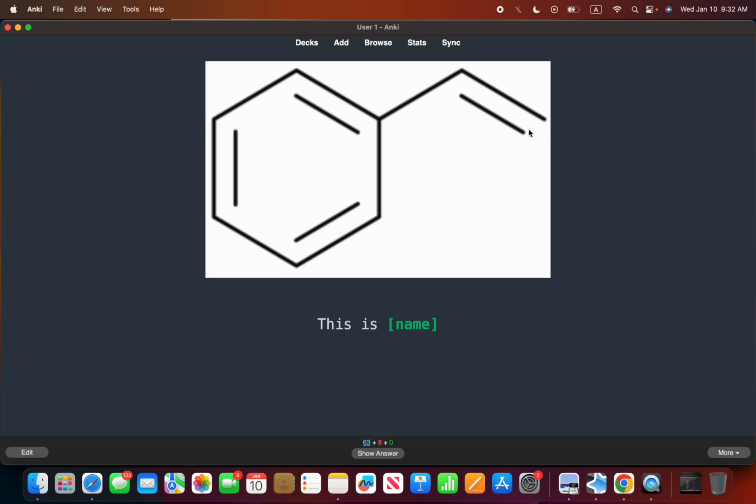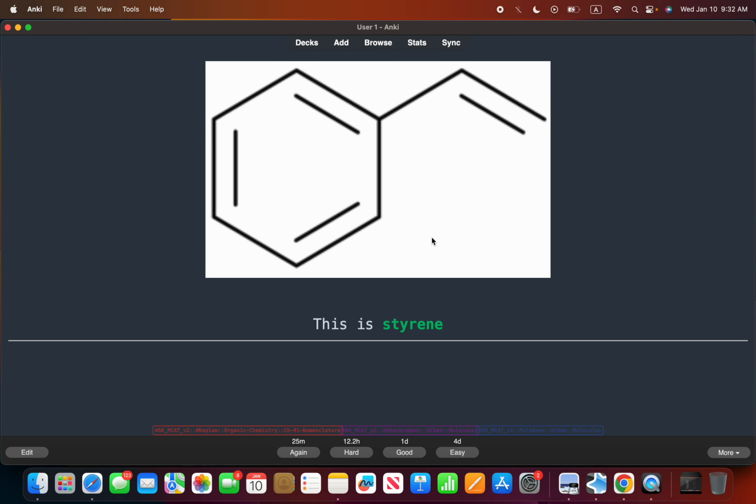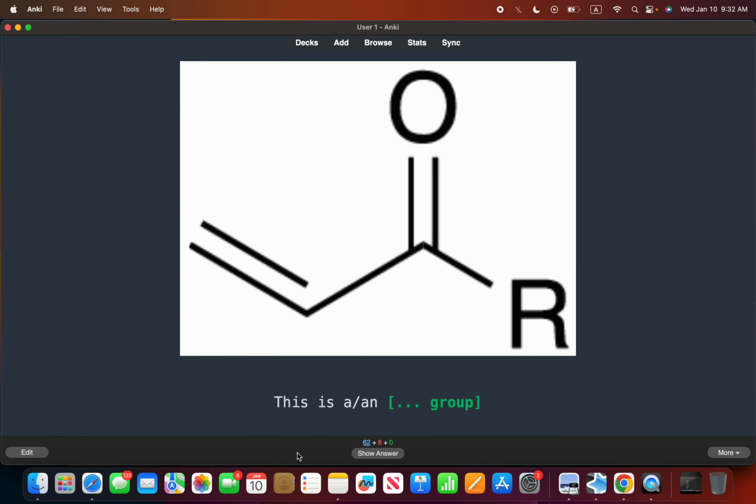This is an ethene, but phenylethyl. So phenene, styrene. Honestly, I said phenene, but whatever. And this is like a thingy attached to this.